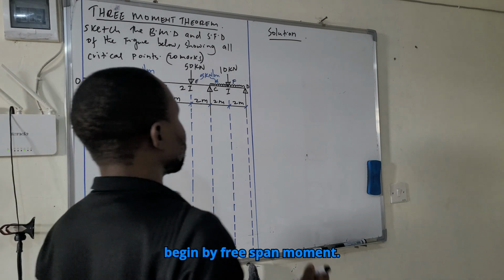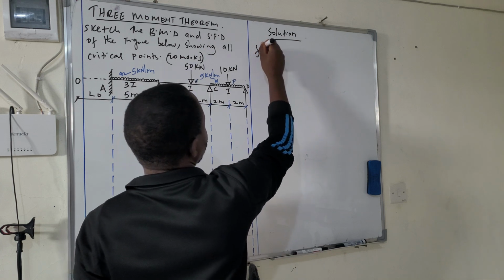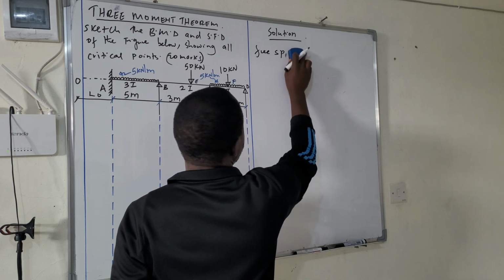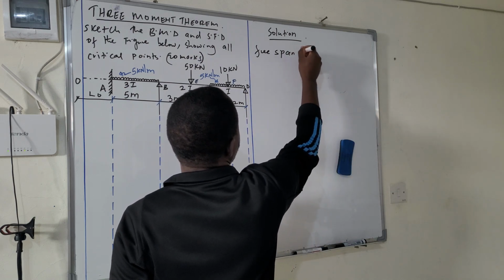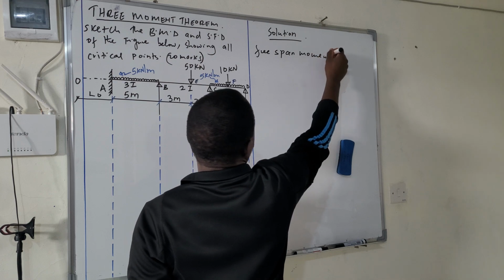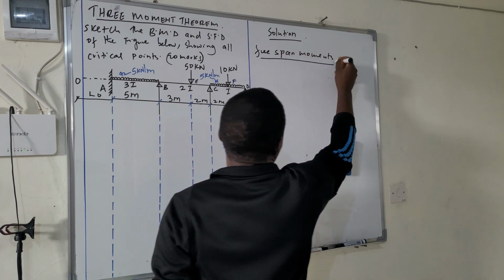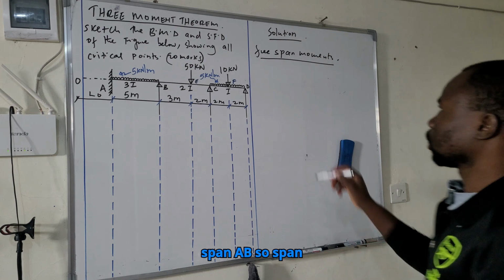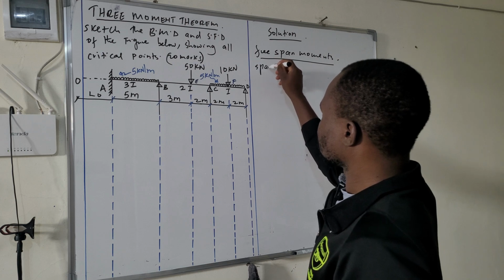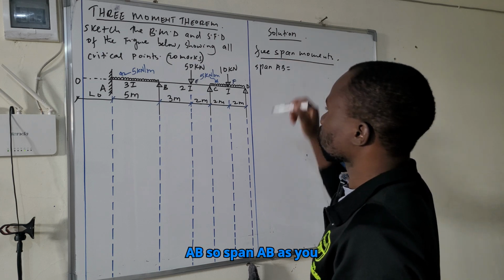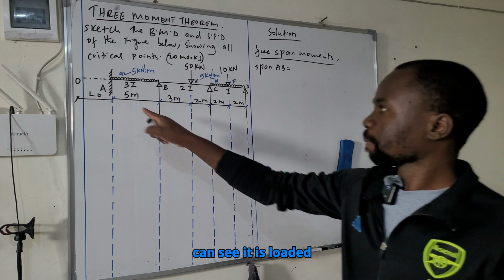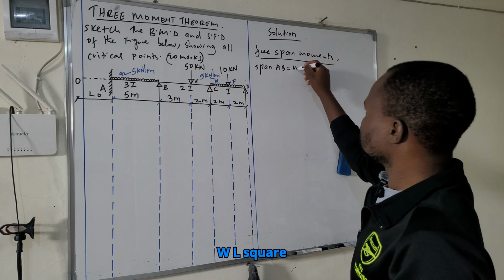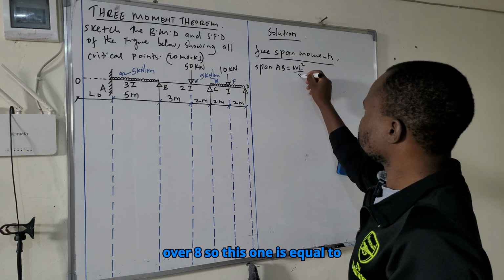So we begin with free span moments. We'll begin with span AB. As you can see, it is loaded with a UDL. The formula is WL squared over 8.